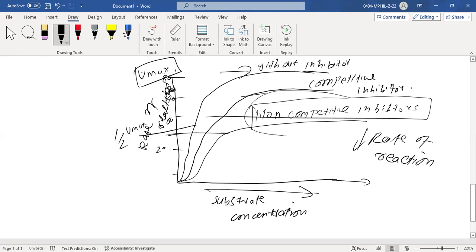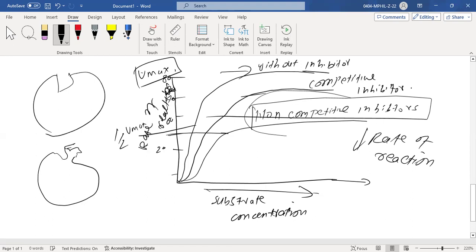I have told you in our last lecture, for instance, you have a globular structure of enzyme like this, and you have the active site. You can mention any active site like this. I'm again drawing this. If an inhibitor is competing for this site, that is a competitive inhibitor.